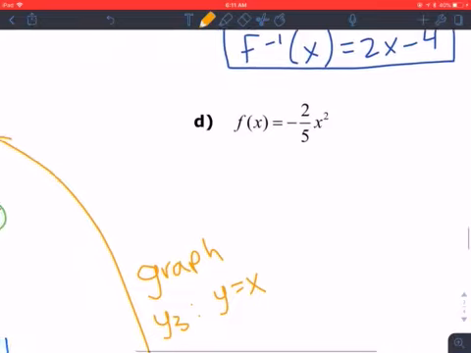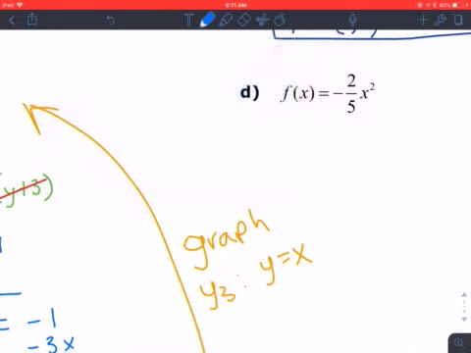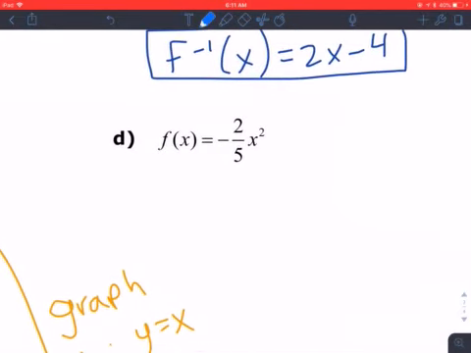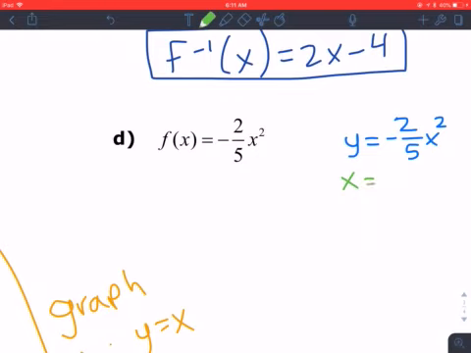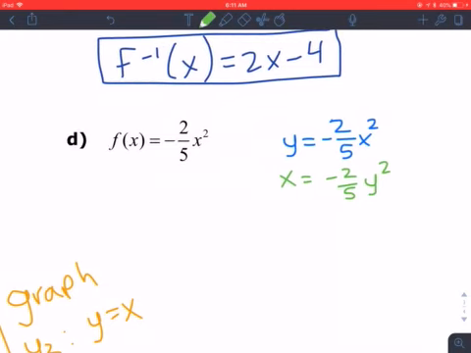Alright, let's look at our final example. First going to write this as y equals negative 2/5 x squared. Then we can switch x and y. And now we're going to solve.